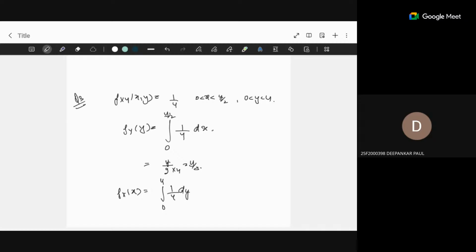So it should be 1 minus x by 2. You are saying that, correct?